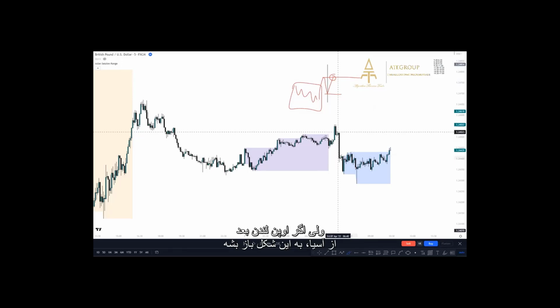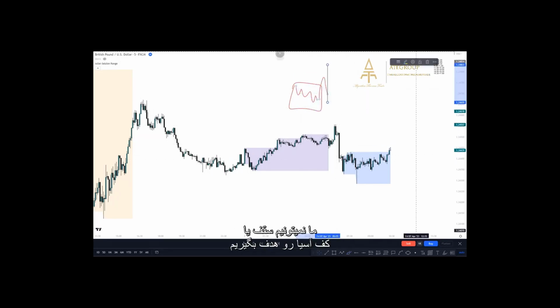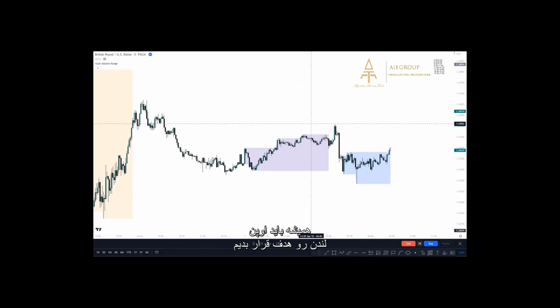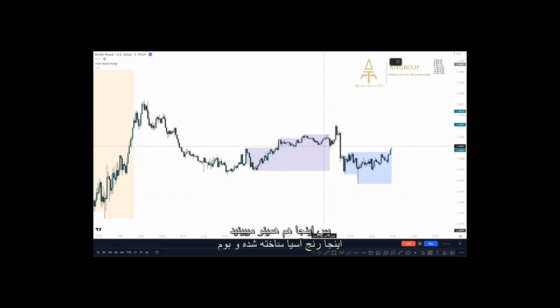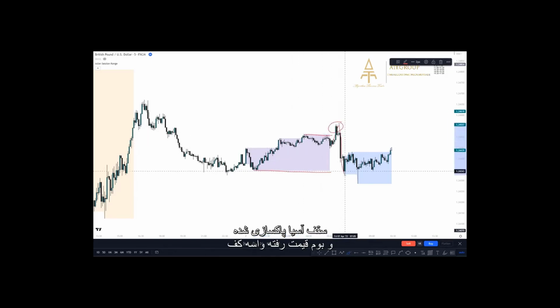But if we get, as I said, London open after Asia like this, we need to target the opposite side of London. We cannot target the Asia low or Asia highs. Always need to target the London open. So right here you can see the same thing. We got Asia build up, boom, we swept the high, went for the low.